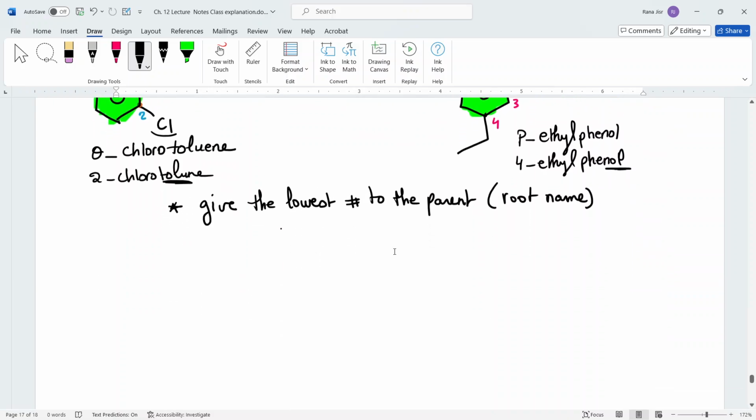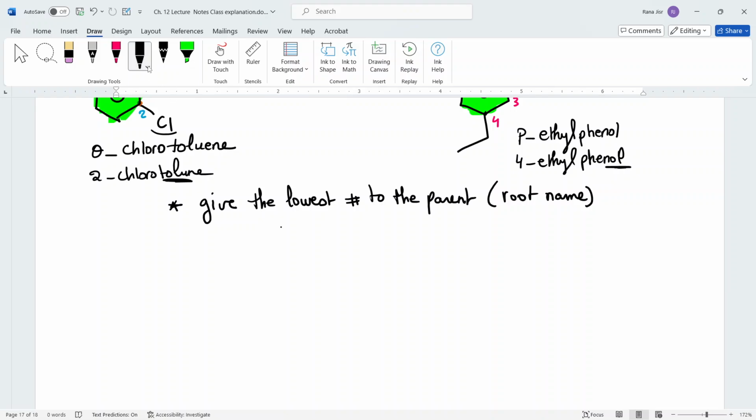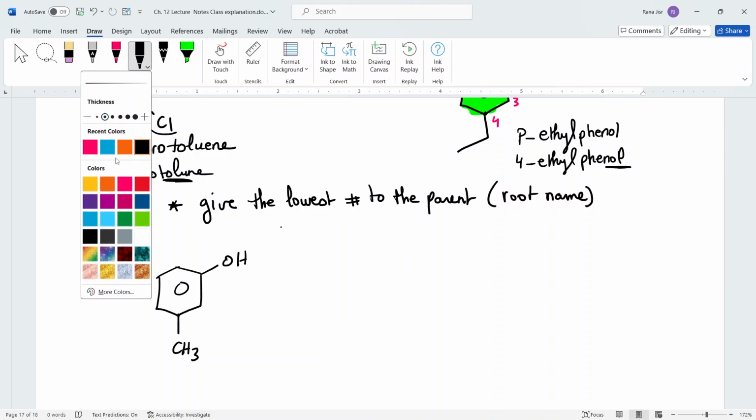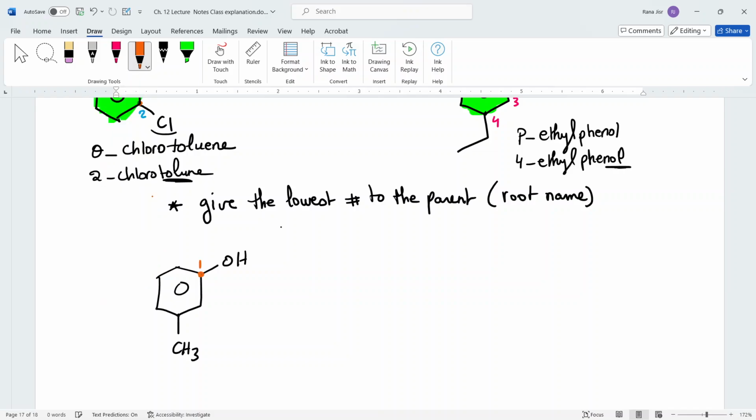If you have, for example, something like this, if you have both a phenol and a CH3, so let's do that. So you have both in there. Which one is the higher priority? The phenol is the higher priority. So if the phenol is higher priority, I need to give the phenol the lowest number, and then proceed to give the CH3 the second lowest number.